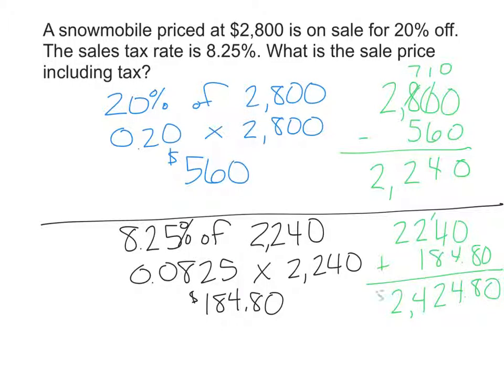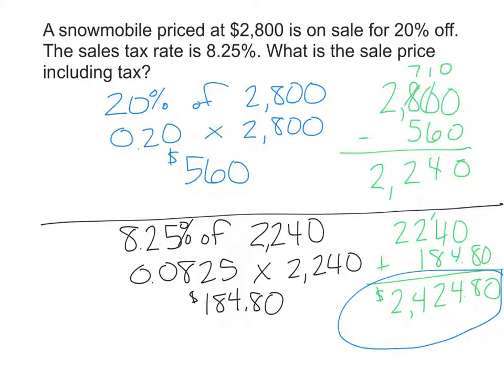Okay, so our final price for this snowmobile will be $2,424.80. That will be how much this snowmobile will cost after the discount and after adding the tax.